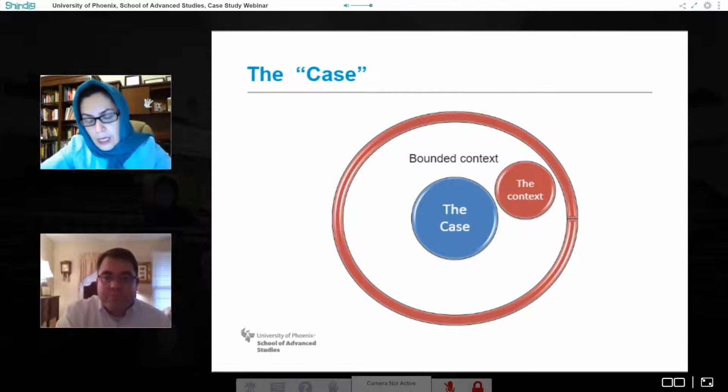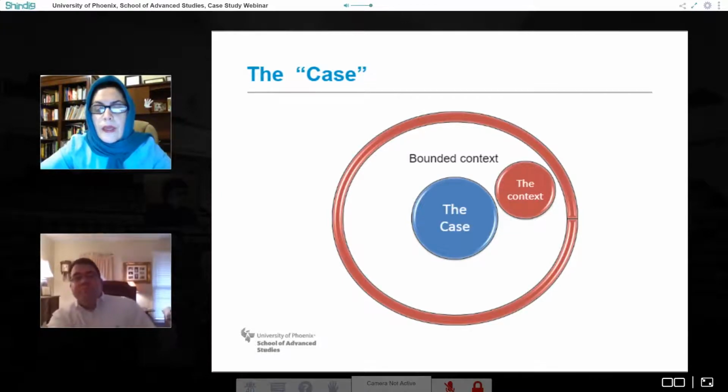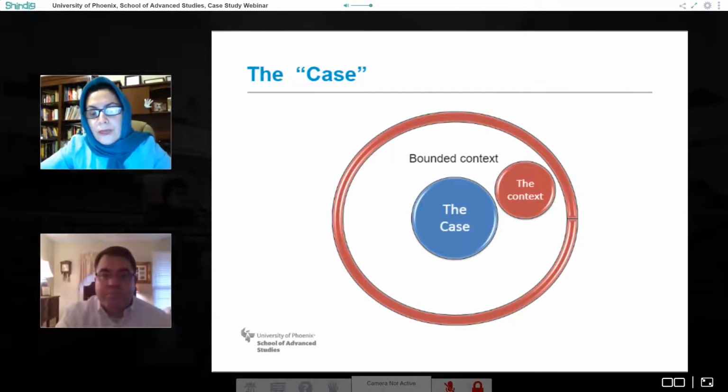As you see, I made this graph because I thought it's easier for you to understand if I provide this visual presentation. For example, we have an organization and we want to study the students. Perhaps we can say minority, let's say African American students in a high school.